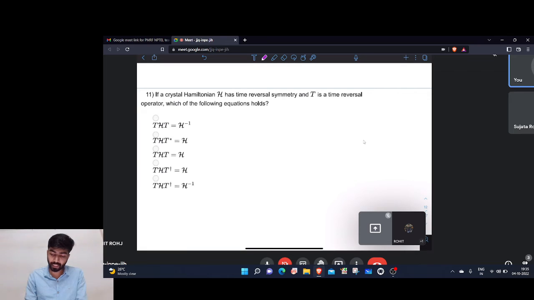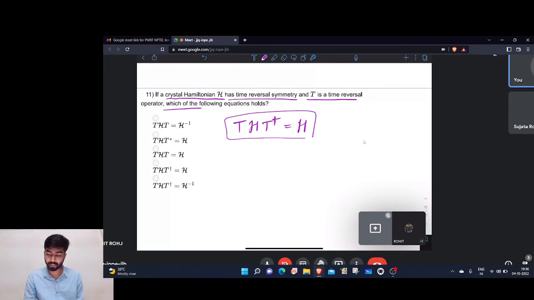If T is a time reversal operator and the crystal Hamiltonian H has time reversal symmetry, then by definition T working on the crystal Hamiltonian, where T dagger is nothing but the Hermitian conjugate of T, should be H. So if this condition is satisfied, then T becomes a time reversal operator for Hamiltonian H, and this is given to us as option number 4, where T H T dagger is equal to the Hamiltonian again.